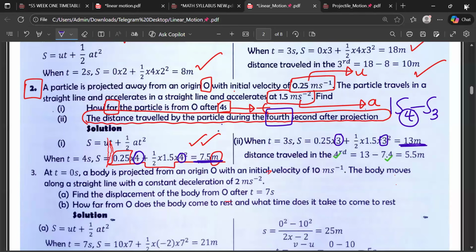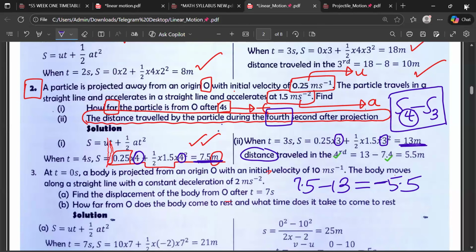Remember, for us, we said S4 minus S3. So it's going to be 7.5 minus 13. The answer we shall get will be negative 5.5. But remember, the question wants distance. Distance is scalar. Never mind the negative, just have the positive. The person who did this knew distance cannot be negative, so the person simply got the bigger value minus the smaller value. Do you get that?